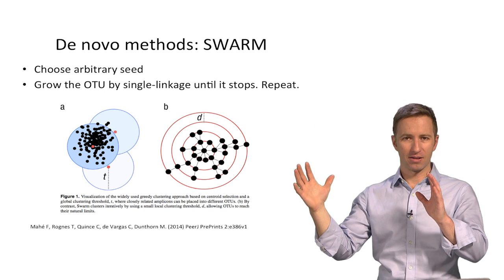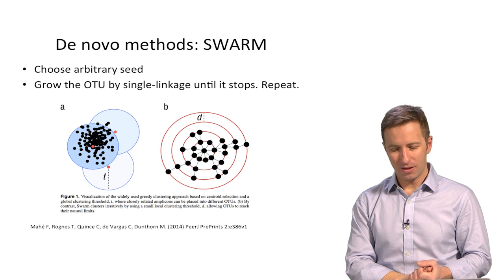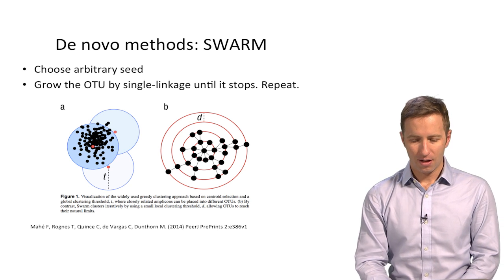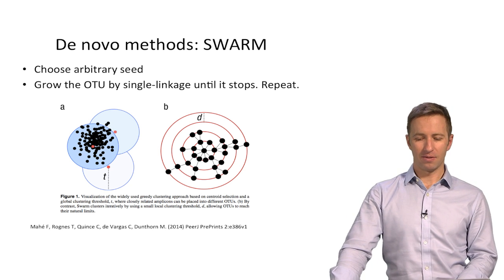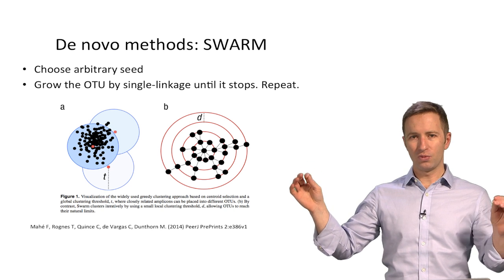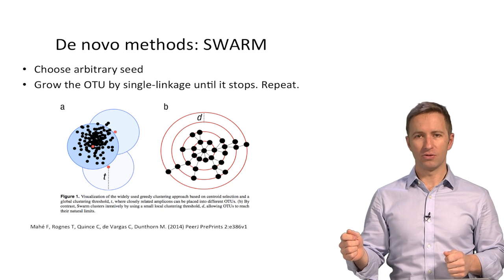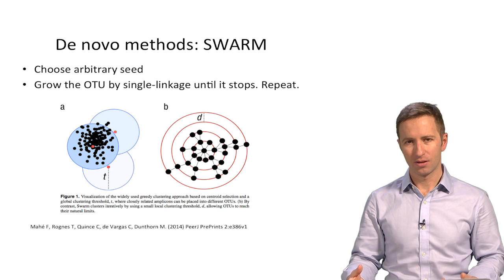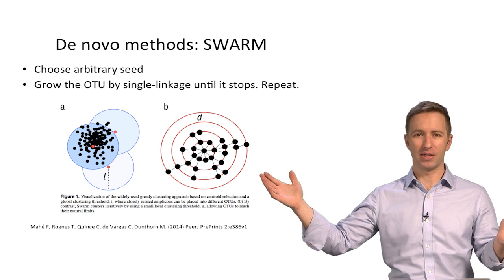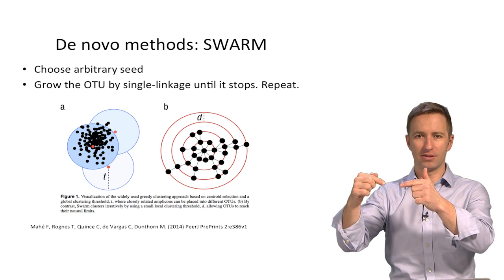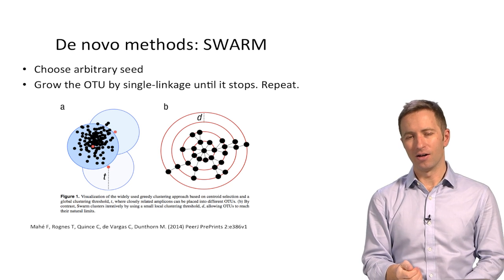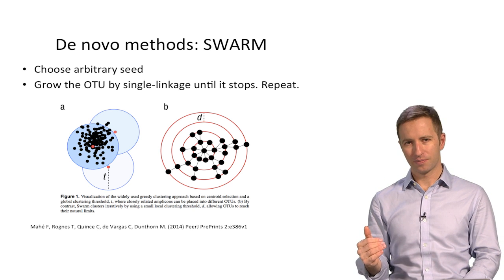The major benefit of this is that because you're using this kind of single linkage clustering, it doesn't really matter which sequence you start off with as a centroid. In the end, the cluster will be defined by single linkage, not by distances to the centroid. So it takes care of the arbitrariness of choosing centroids.